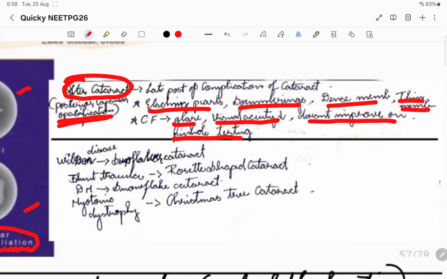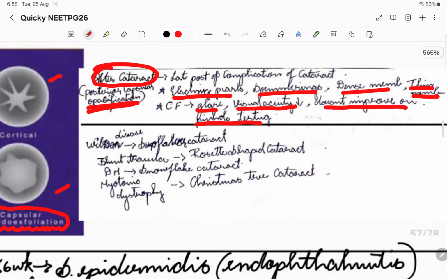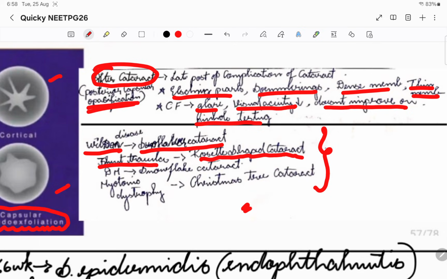Then these are certain specific features that would look like in the cataract, with specific diseases. In Wilson's disease, there is copper deposition in Descemet's membrane, so sunflower cataract will be there. In blunt trauma, it is going to be rosette shaped cataract, a flower shaped cataract.